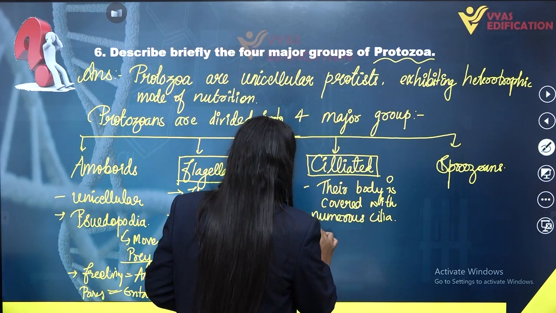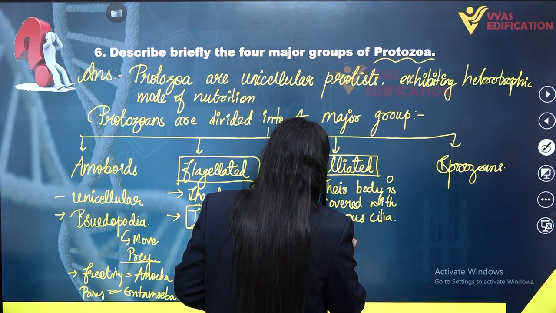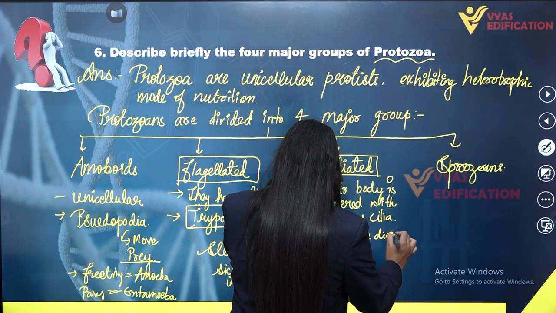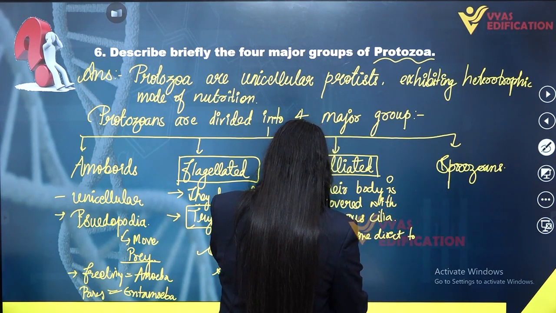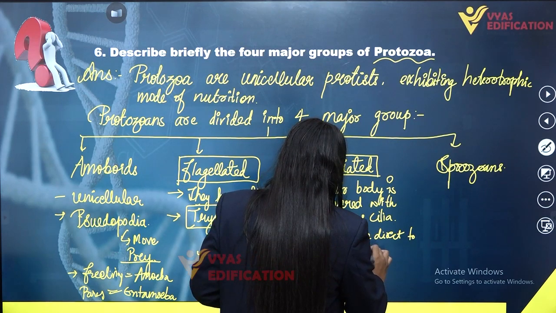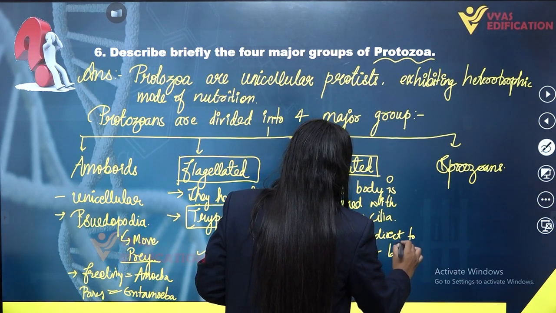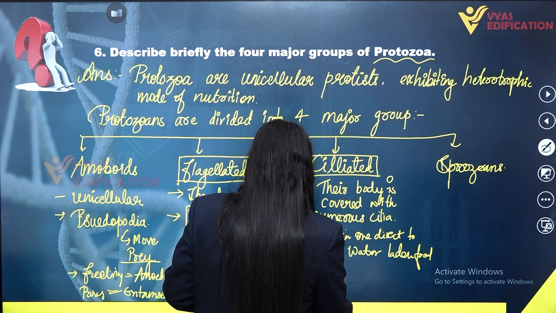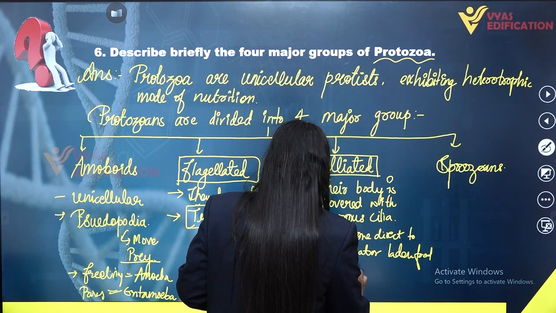All these cilia beat in one direction to move water laden food into the cavity called gullet.